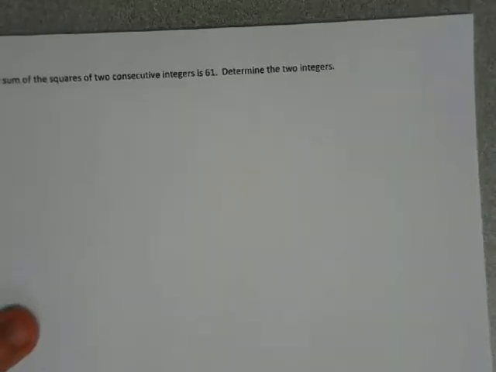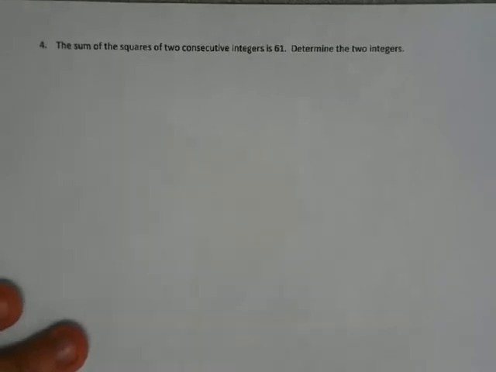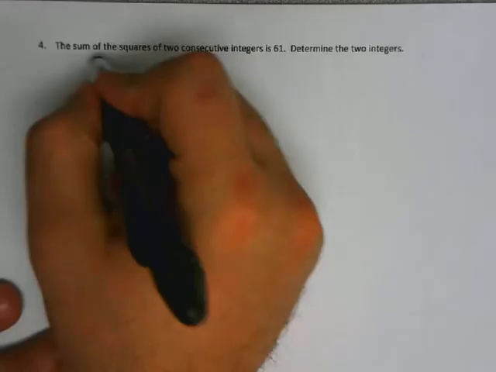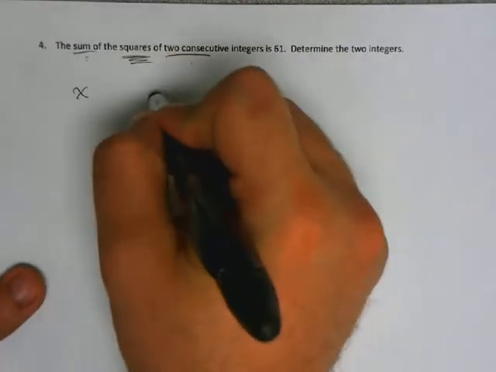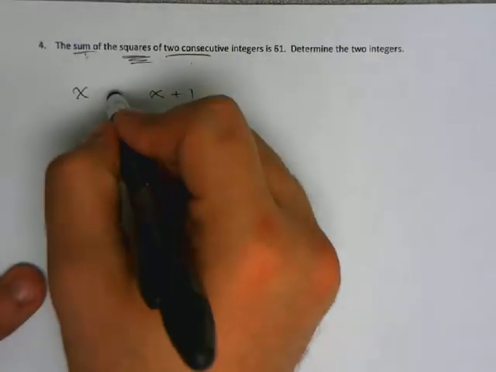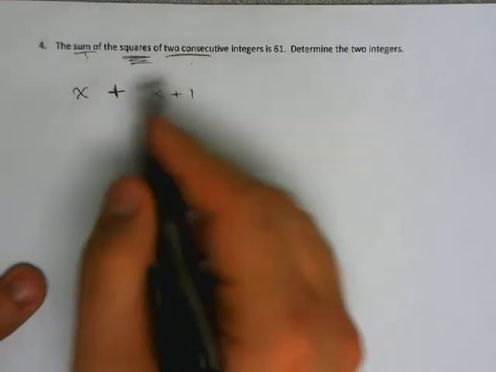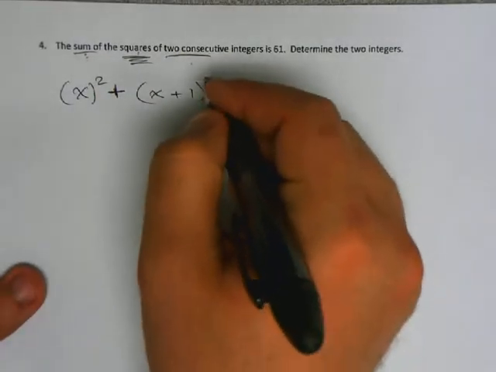The last one. The sum of two integers is 61. Determine those two integers. Well, sorry, two consecutive integers and the sum of their squares. So two consecutive integers can be represented as x and x plus 1. I want the sum, so plus, and I want their squares. So this will be x squared and x plus 1 squared.